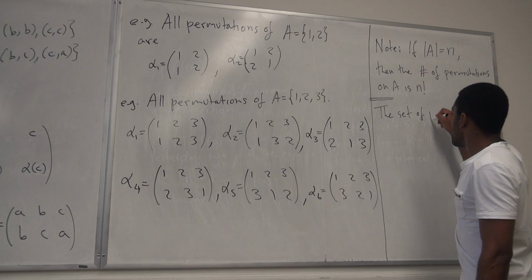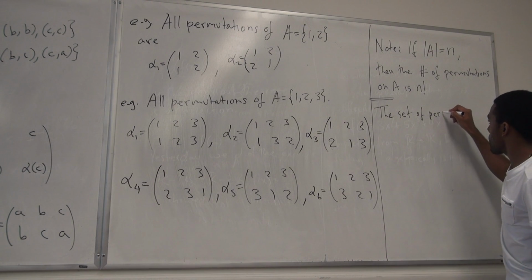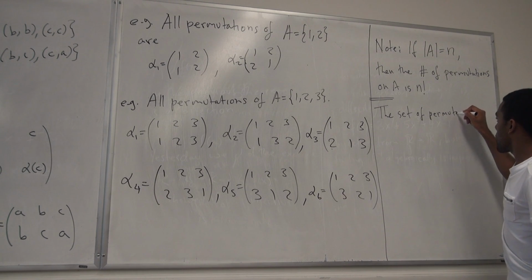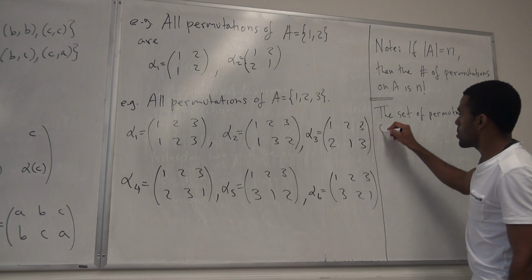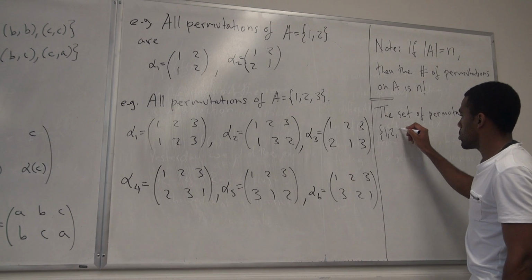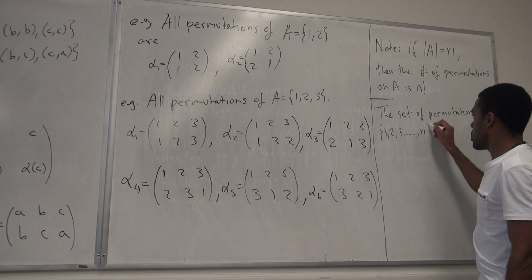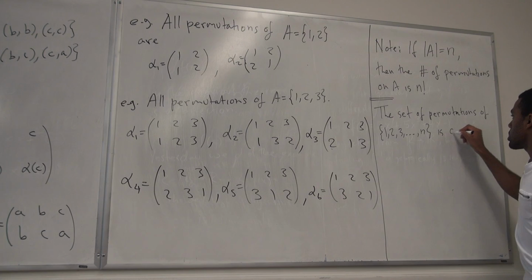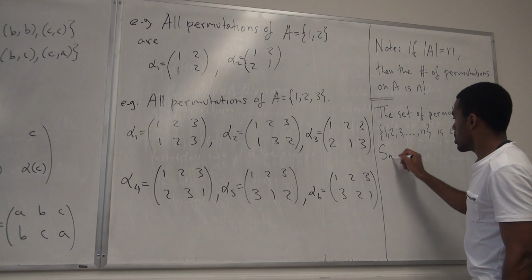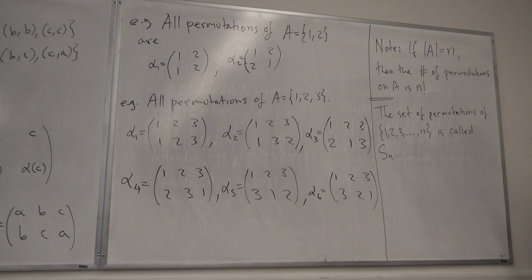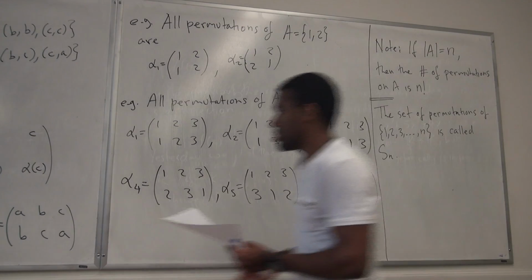The set of permutations of 1, 2, 3, ..., n is called, not called, denoted Sn.